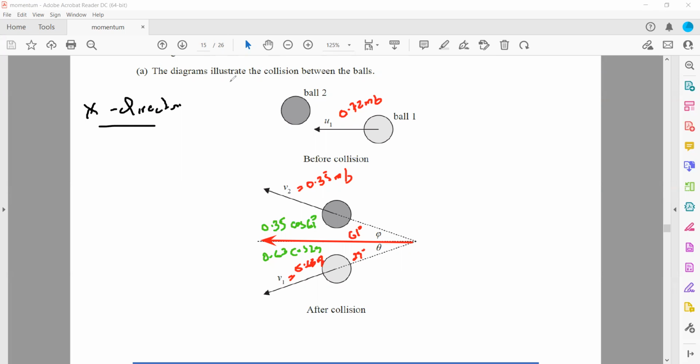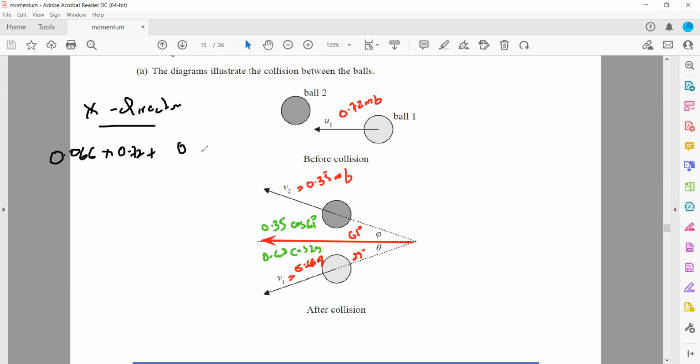We have to convert that into kilograms, which is 0.066 kilogram, multiplied by the speed at which it is moving, 0.72, plus 0. Why 0? Because ball 2 is stationary, ball 2 is not moving. That's why I put 0 here.